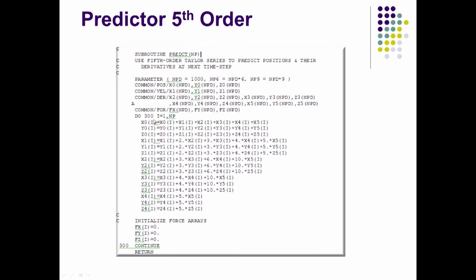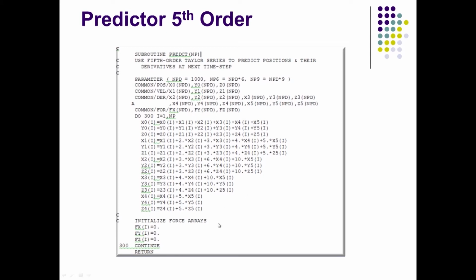So, if you look here, we start with x 0, i equal to 1 to n p, the number of particles, and we have all these Taylor series expansion terms x 0, x 1, x 2, x 3, x 4, x 5. We calculate for all 3 dimensions: x 0, y 0, z 0, then x 1, y 1, z 1, x 2, y 2, z 2, x 3, y 3, z 3, and x 4, y 4, z 4.